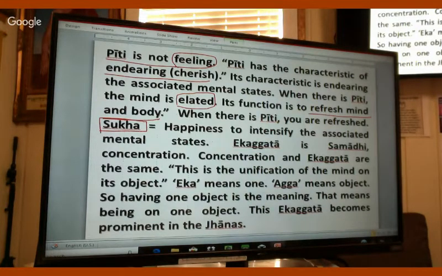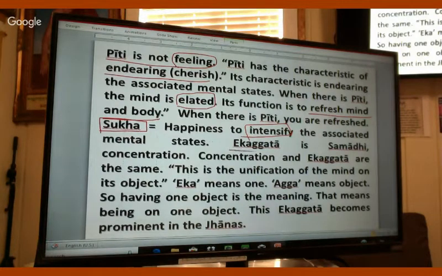The happiness intensifies, associated with mental stages or mental factors. So passaddhi and sukha are also connected. The more happiness you have, the more easily you get calm and peace, kaya passaddhi and chitta passaddhi, in your body and mind, and the more easily you attain the power of concentration.